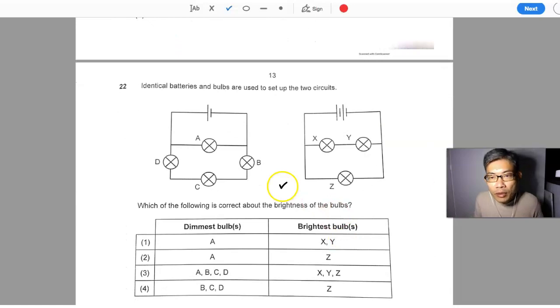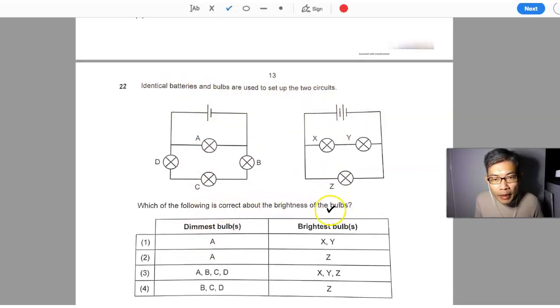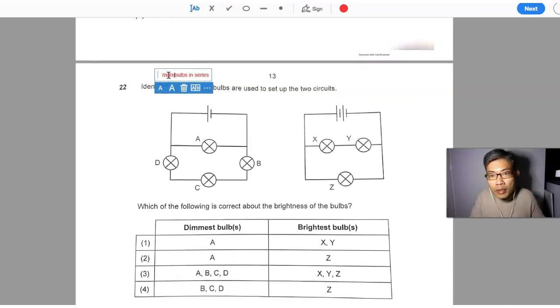Alright, last question. Identical batteries and bulbs are used to set up the two circuits. Which of the following are true about the brightness? So you must know this basic fact. If you arrange bulbs in series, if you have more bulbs in series, then each bulb becomes dimmer.